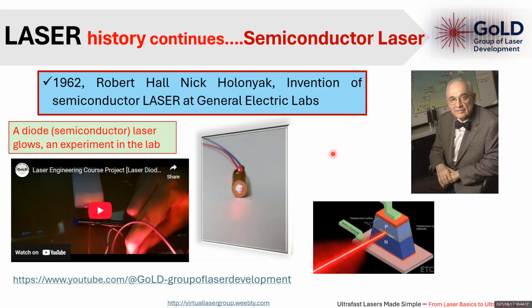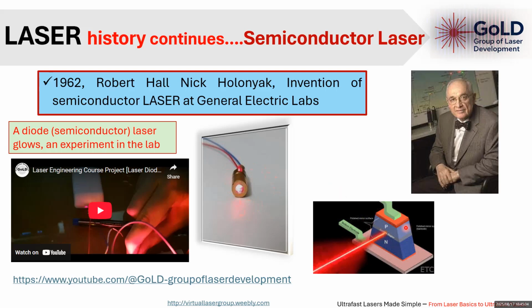This is easily available in the market. You can see this is a small laser. When it was first invented, the emission was in the IR region, meaning the infrared region. Then came the red color. This one is red, very easily available.